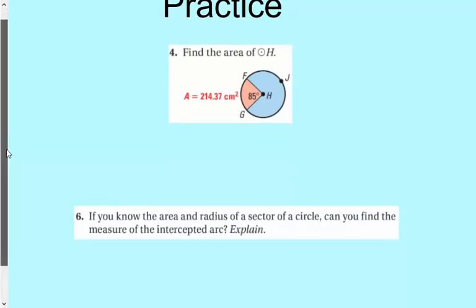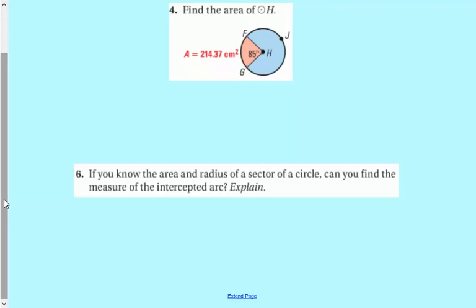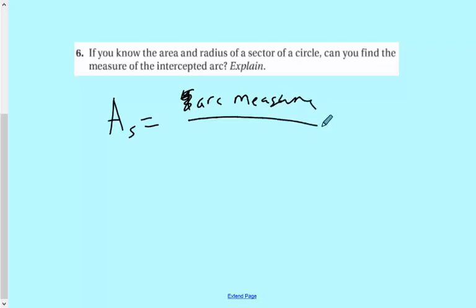I'm not going to do that one because I've already done one like it. If you know the area and the radius of a sector of a circle, can you find the measure of the arc? Yeah, I think so. The area of the sector equals the arc measure divided by 360 times the area of the circle.